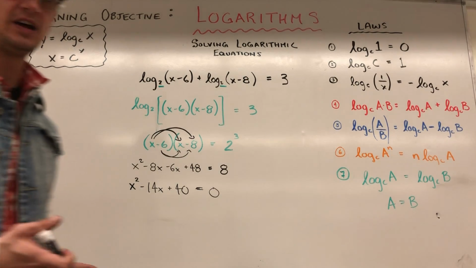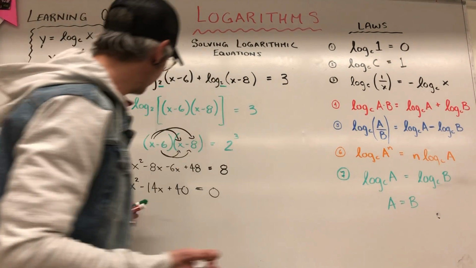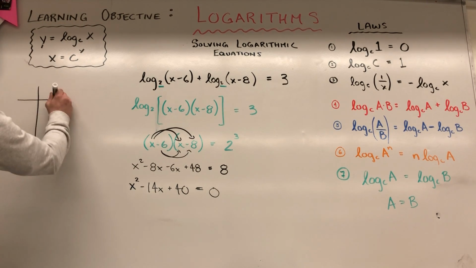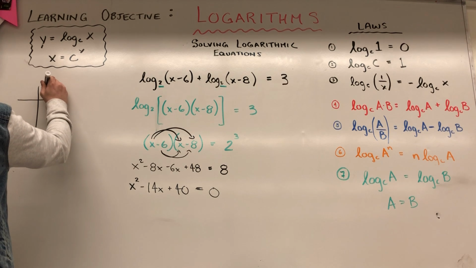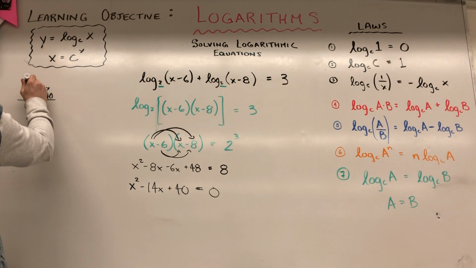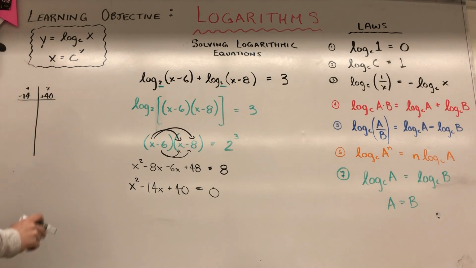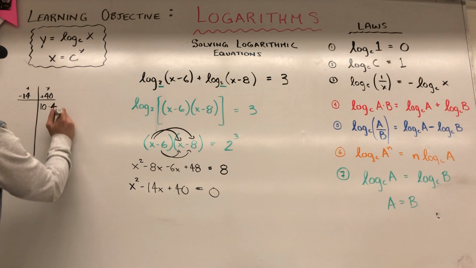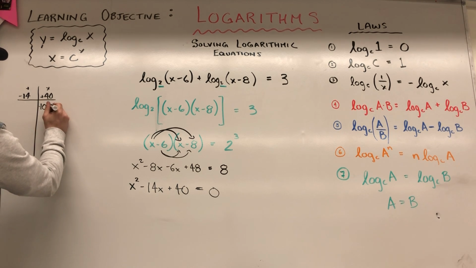And we've done this many times. This is just factoring. There's no number in front of my x squared, so I'm going to use my product-sum method. Two numbers that multiply to positive 40 and add to negative 14. I can tell right off the bat, 10 times 4 makes 40, or negative 10 times negative 4 makes 40.